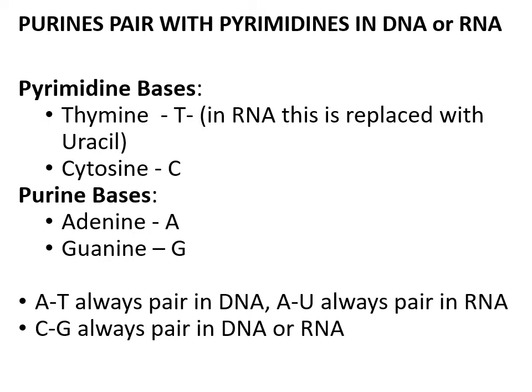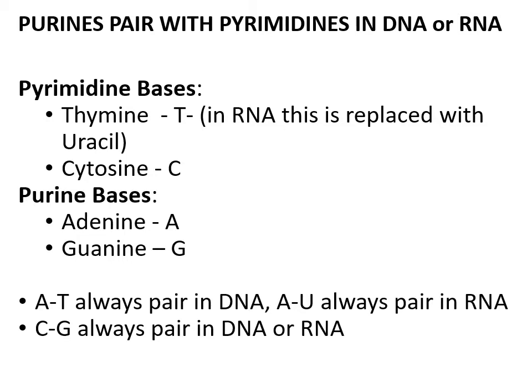So what about the different bases? We can have pyrimidine bases or purine bases. And as we've seen in DNA, which is a double helix structure, adenine attaches to thymine and guanine attaches to cytosine. The difference in RNA is that there is no thymine.